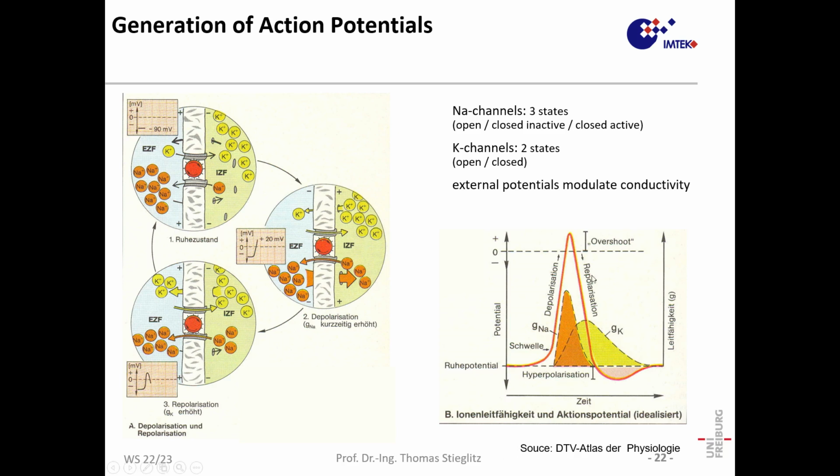Sodium channels close, and therefore the conductivity is decreased, and potassium opens at the same point in time, but gets its maximum a little bit after the maximum potential peak here, and then is reduced slowly. And by that dynamics, we get an undershoot here. And that undershoot is necessary for the transition of closed inactive to closed active of the sodium channels.